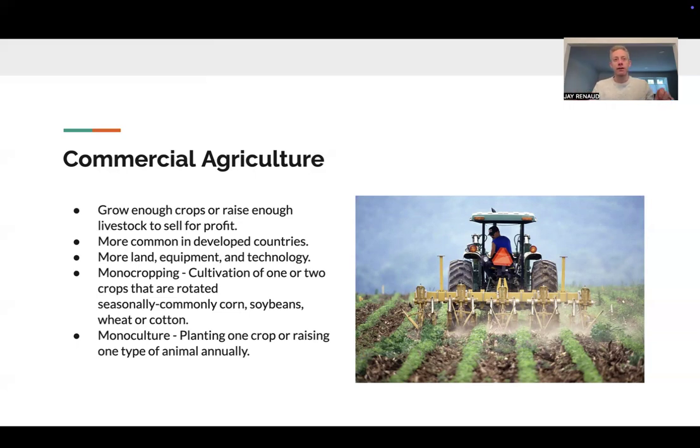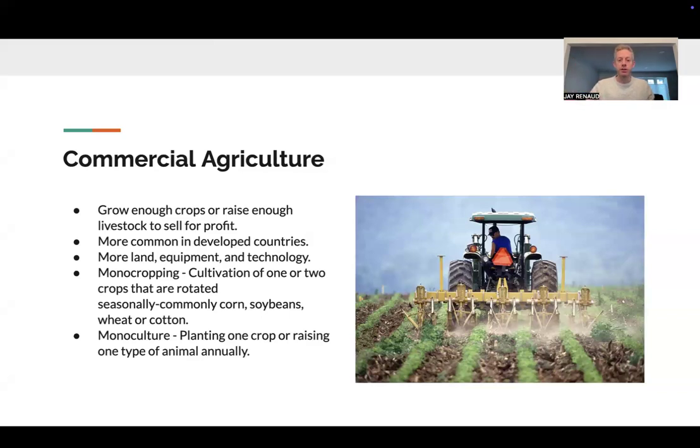When we have higher percentages of people in agriculture, that typically means it's going to be more subsistence based, with older tools, older technology, lacking the equipment to grow enough to sell.